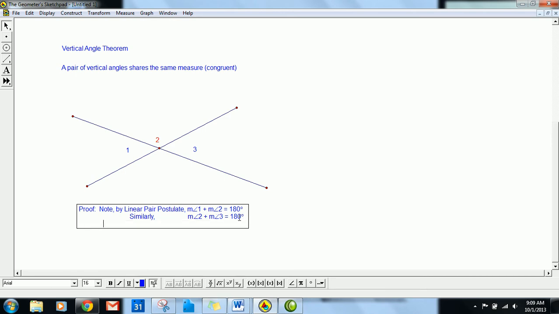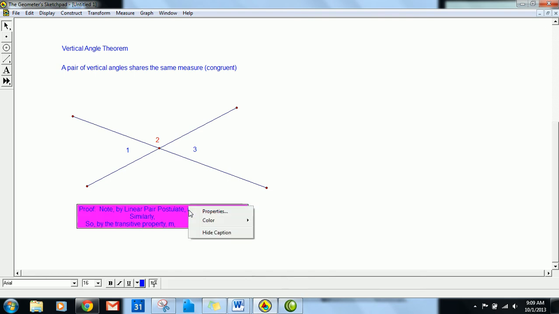So I'm going to say now, by the transitive property of equality, since both 1 plus 2 and 2 plus 3 are equal to the same thing, then they must be equal themselves.